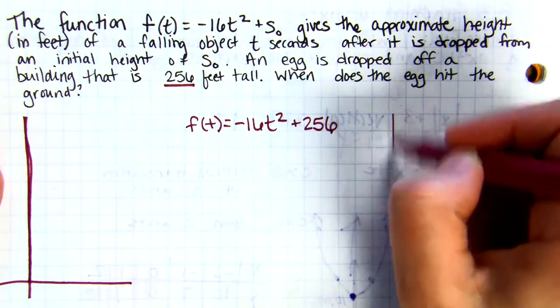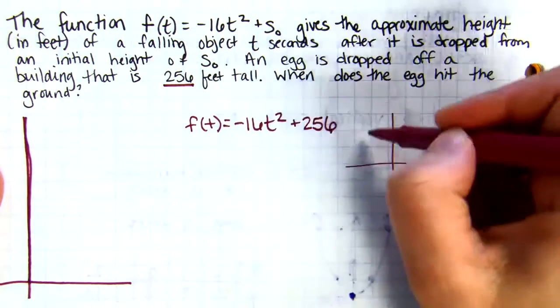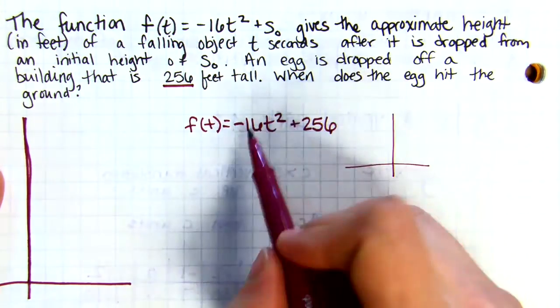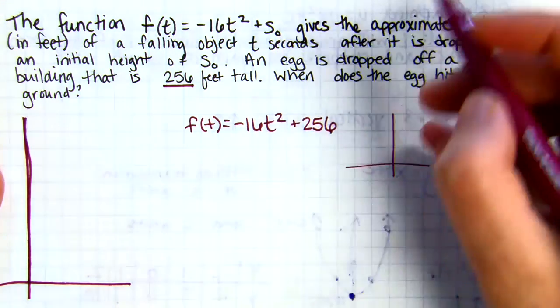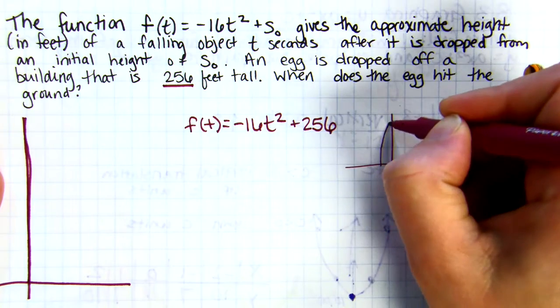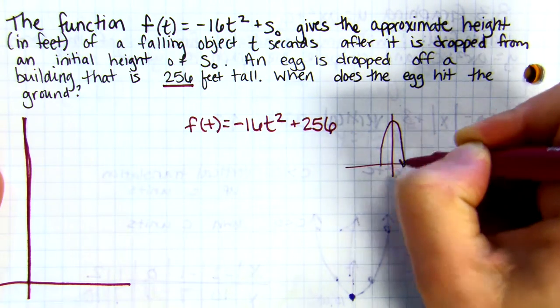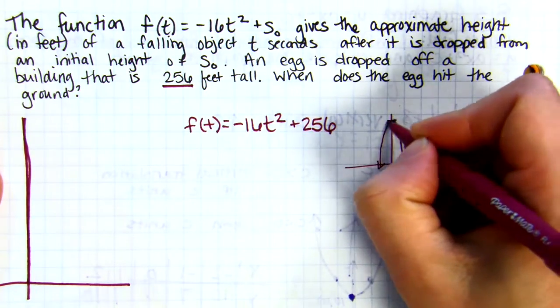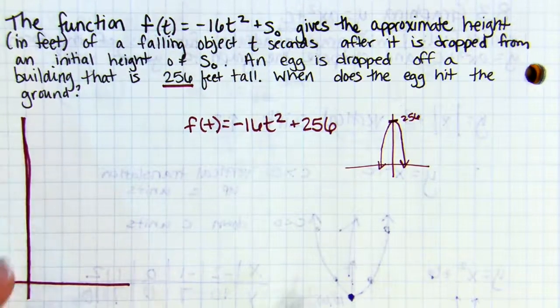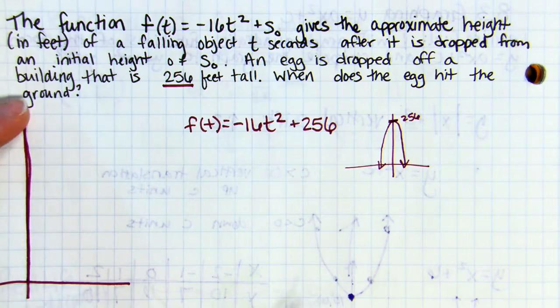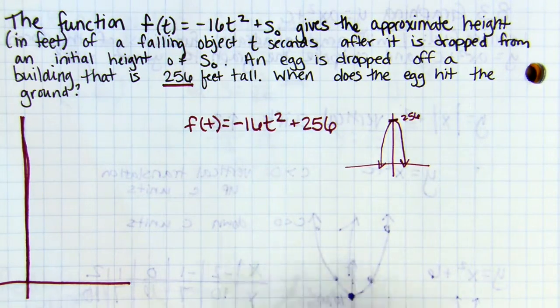If you think about a parabola, this is going to be a very narrow parabola. It's going to be upside down, but then it's going to be shifted up 256 units. So it's going to look something like this, where this up here is 256. So obviously I'm going to need to do some scaling on here. These cannot each be 1 foot, right?